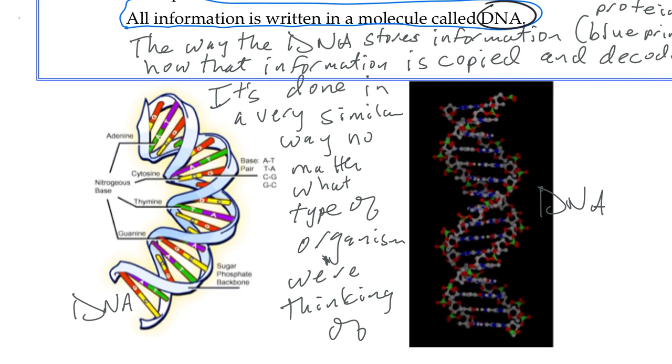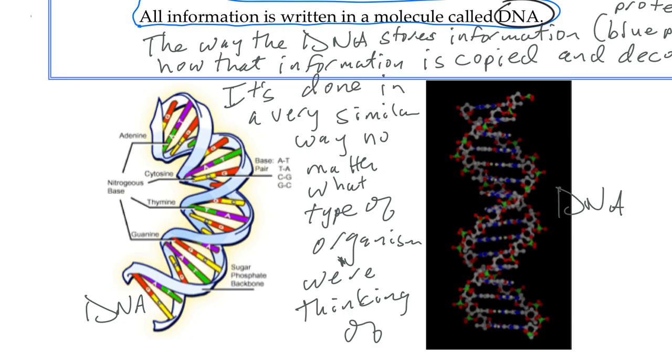Here we see some models of DNA, and we'll talk about much more of this later. DNA is a molecule. It's made up of different atoms organized in a certain way. So we'll talk about that later.